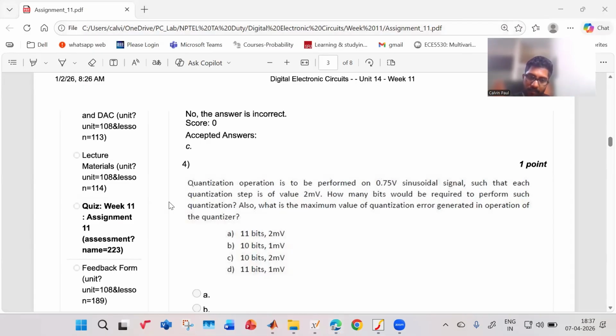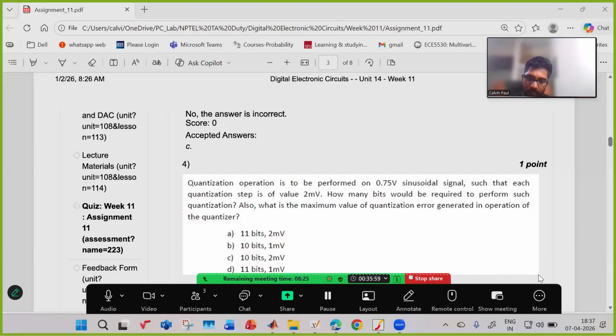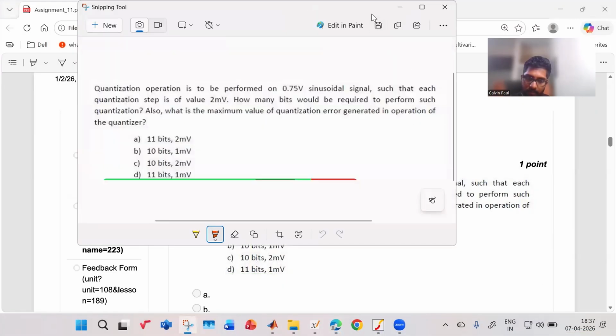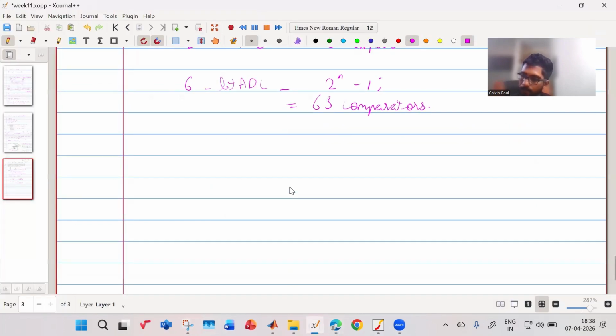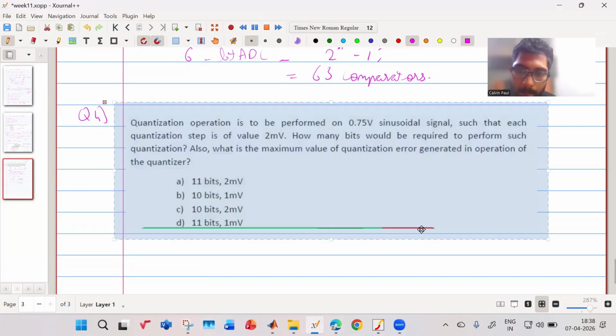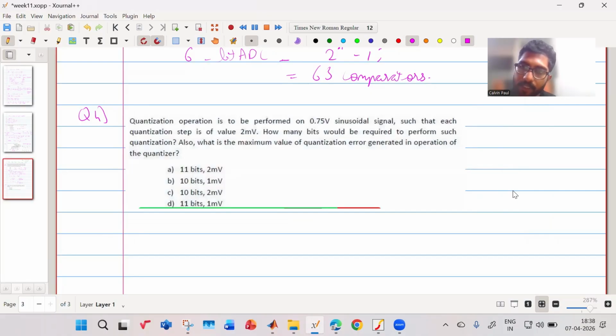Next, we'll go to the next question. Quantization operation is to be performed on a 0.75 volt sinusoidal signal such that each quantization step is of value 2 millivolt. How many bits should be required to perform such a quantization?